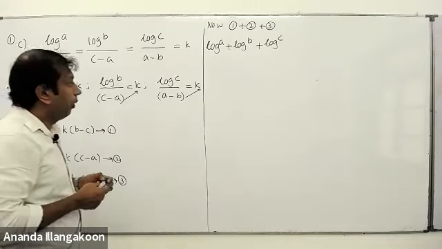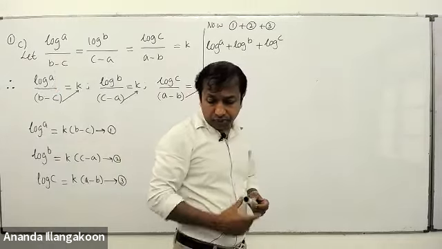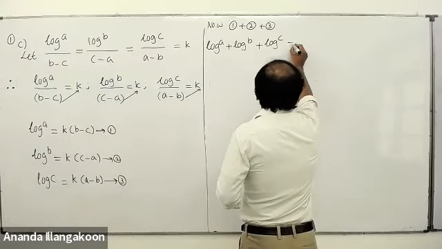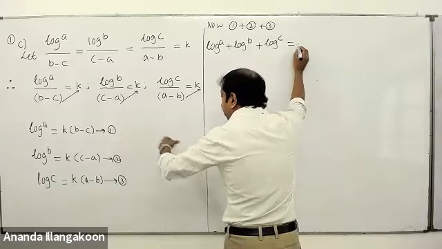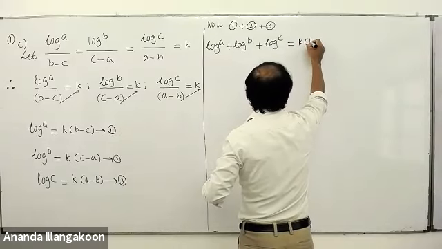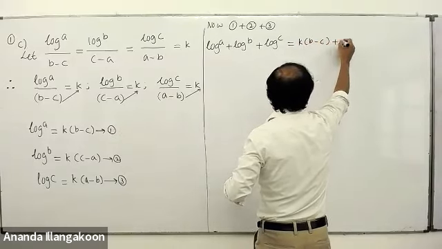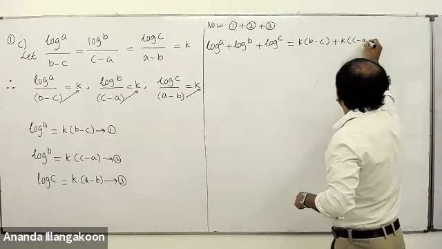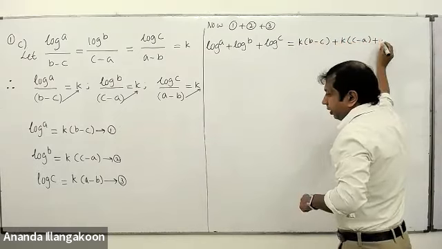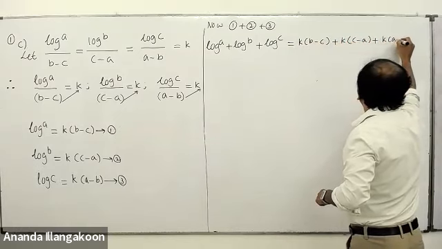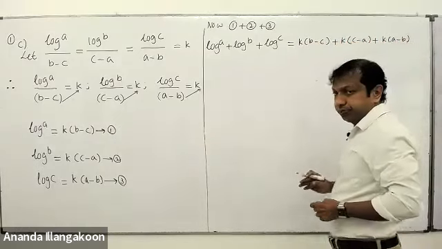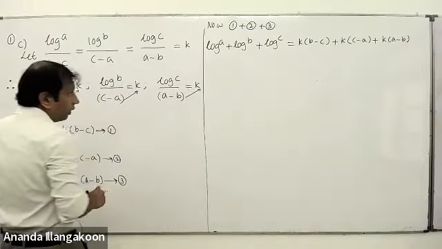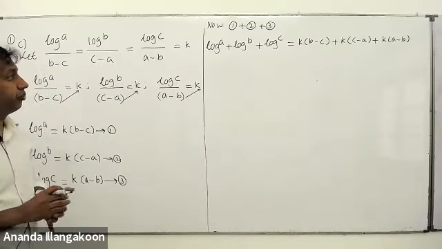Now on the right hand side, we add the right hand side: k times b minus c plus k times c minus a plus k times a minus b we have. I think up to here you can understand.